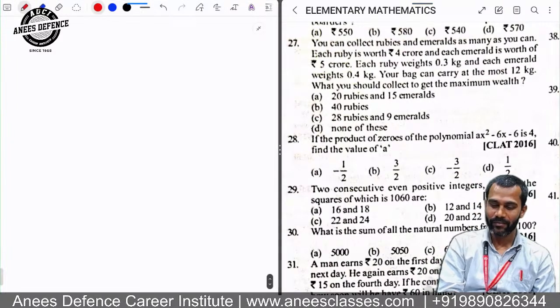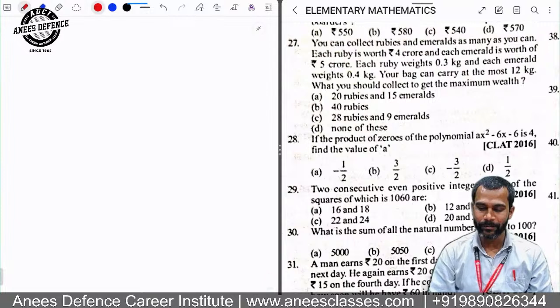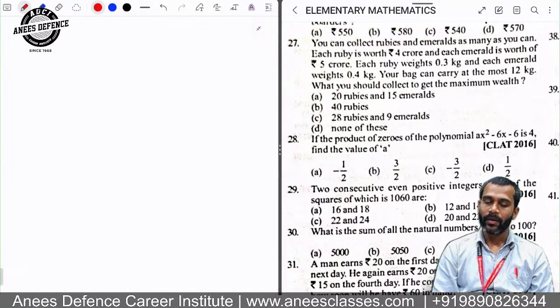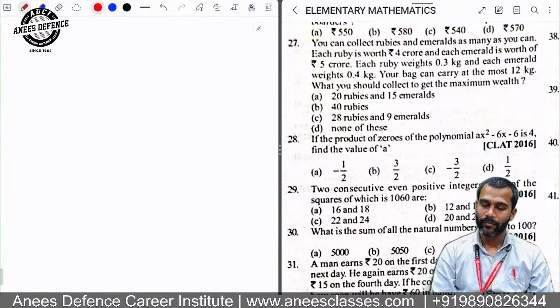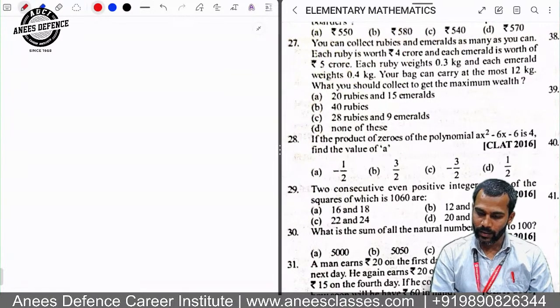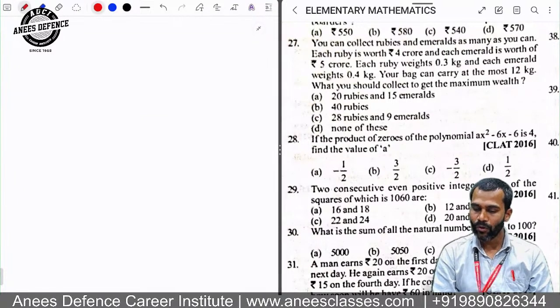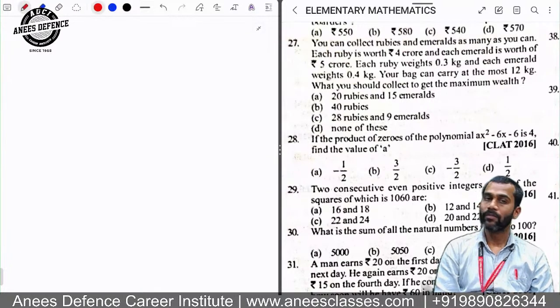Okay. Which question were we doing? Question number 27. So you can collect how many rubies? See, 4 crore, each rupee is worth how many? 4 crore rupees, and the next one is 5 crore.